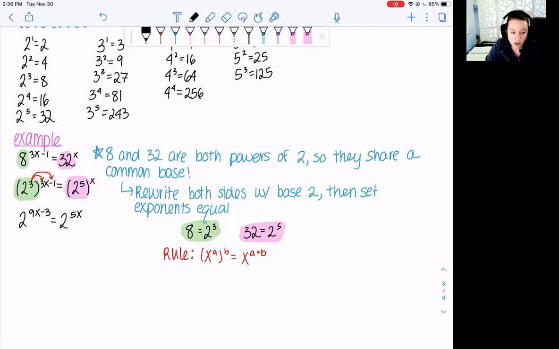They now have a common base. They're both base 2, which means we can set the exponents equal.